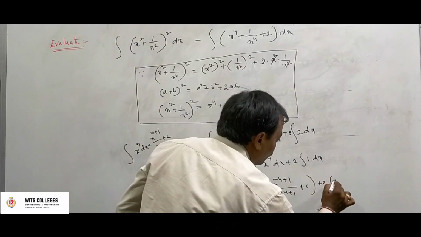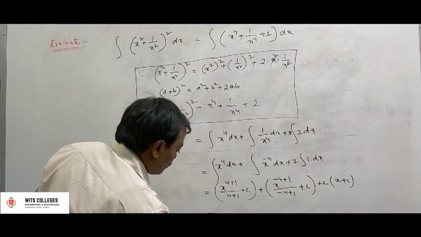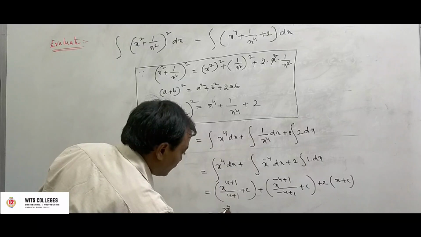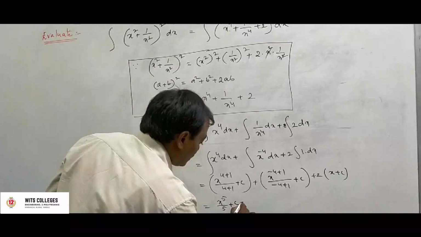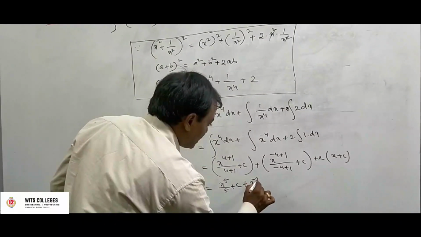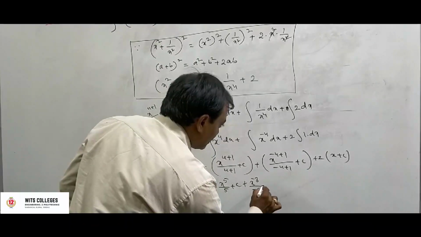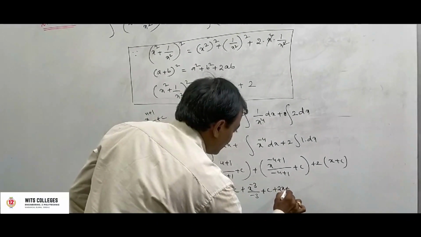The integration of 1 equals x plus c. So this is equal to x to the power of 5 by 5 plus c, x to the power of minus 3 by minus 3 plus c, plus 2x plus c.